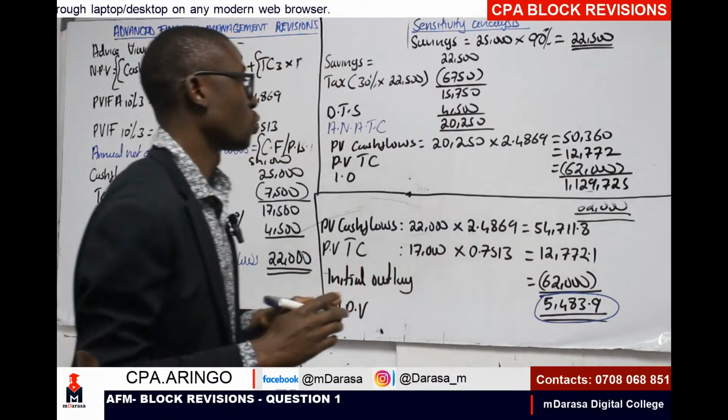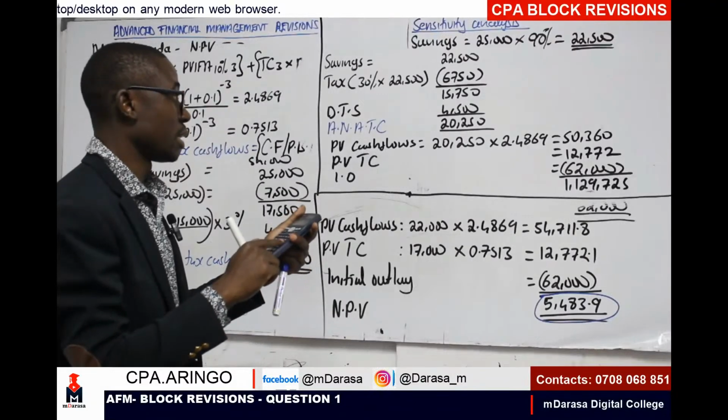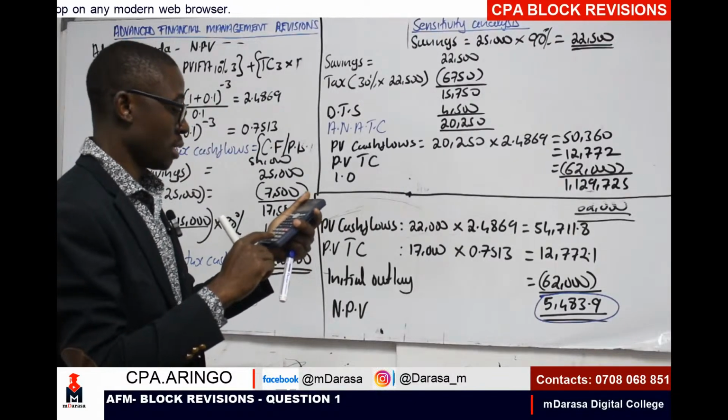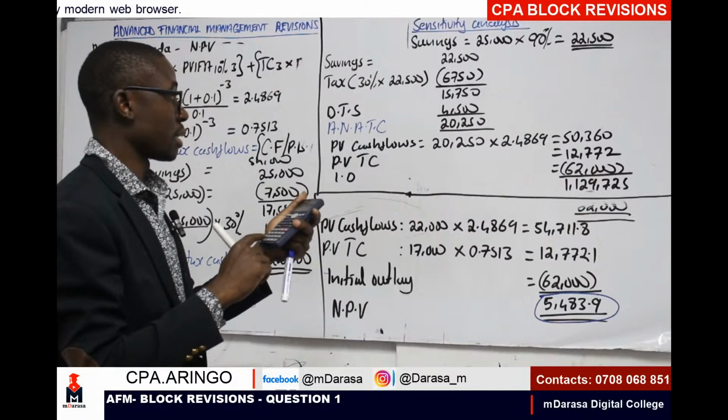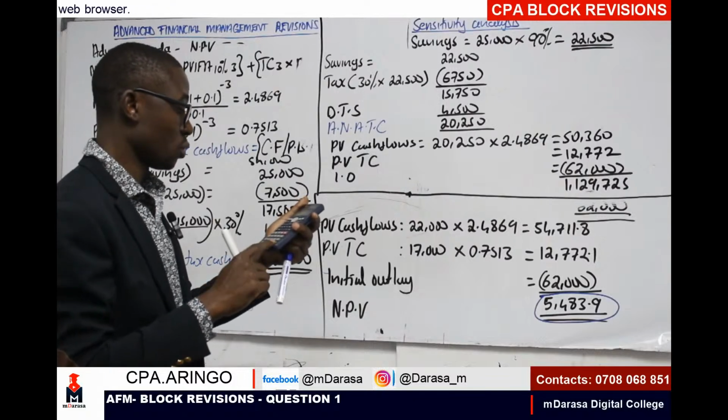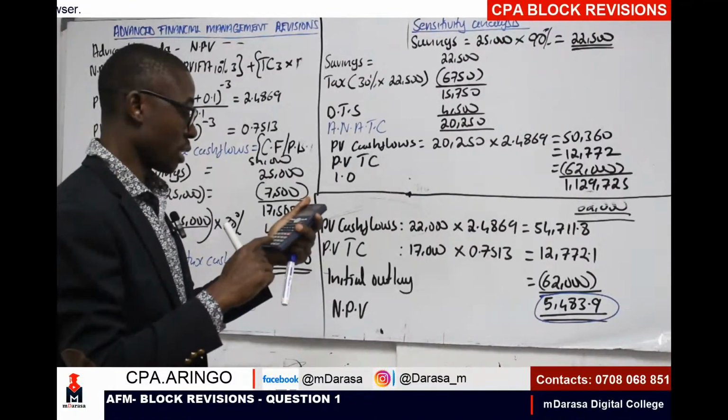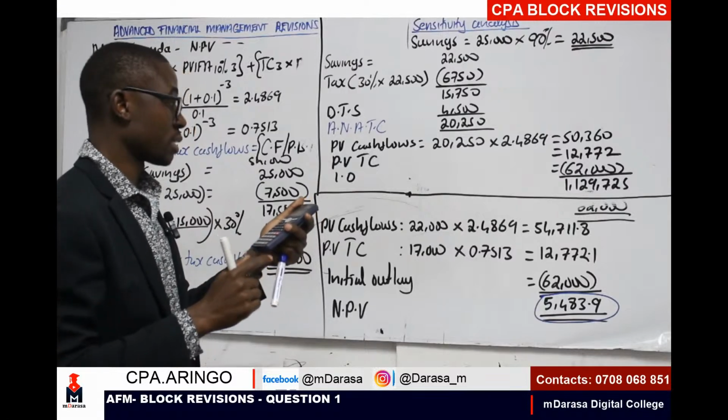Right? Based on what you're having there. So let us do it again. 50,360 plus 12,772 minus 62,000. That should give us 1,132.